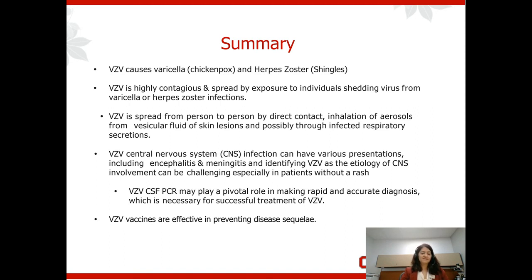We talked about VZV CSF PCR playing a pivotal role in making rapid and accurate diagnoses, which are very essential for treatment of VZV. And finally, we talked about the VZV vaccines being very effective in preventing disease sequelae for both primary chickenpox and shingles disease.